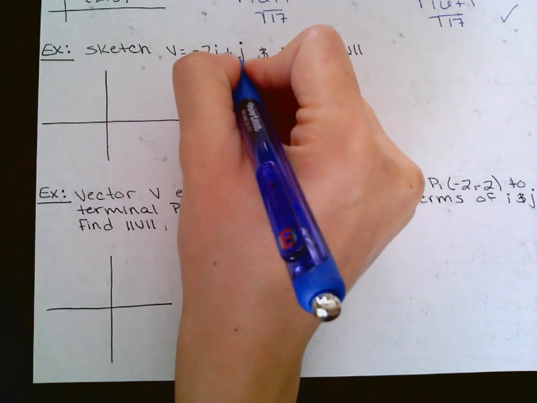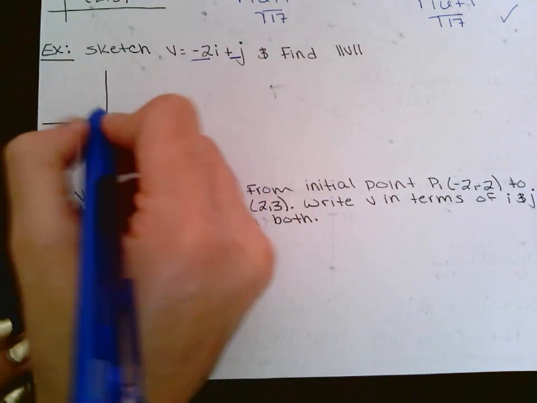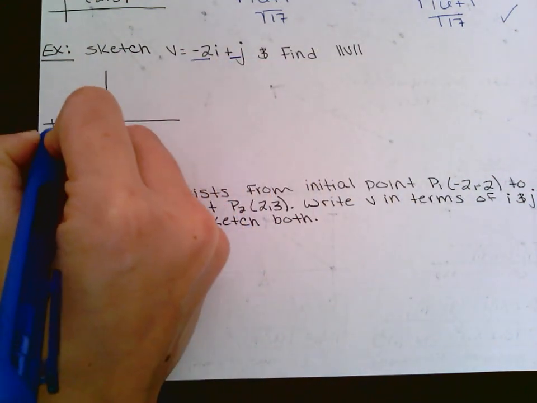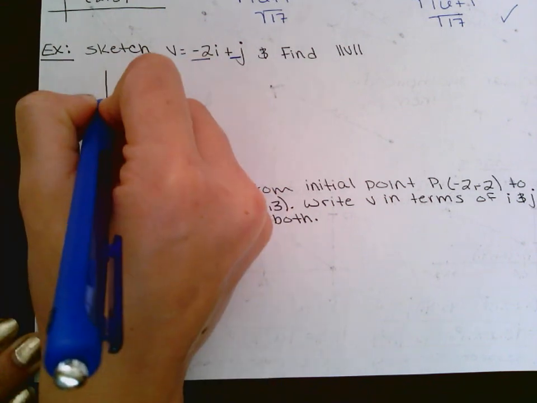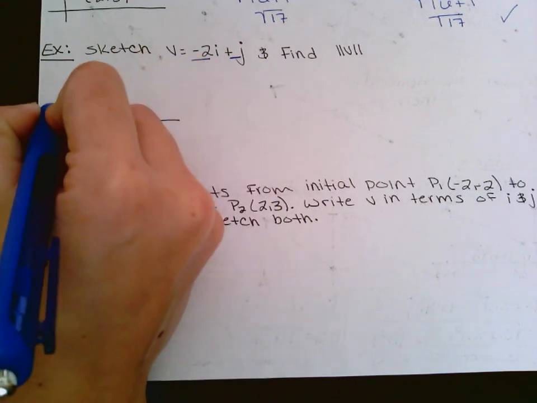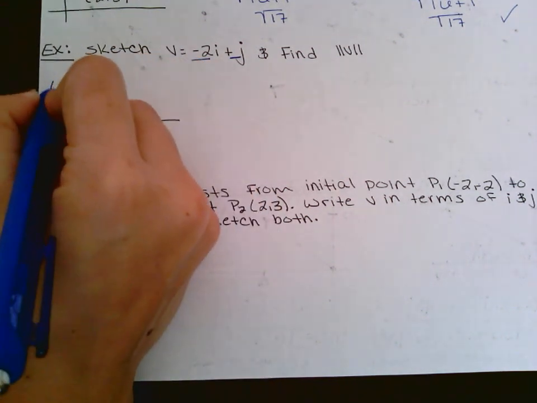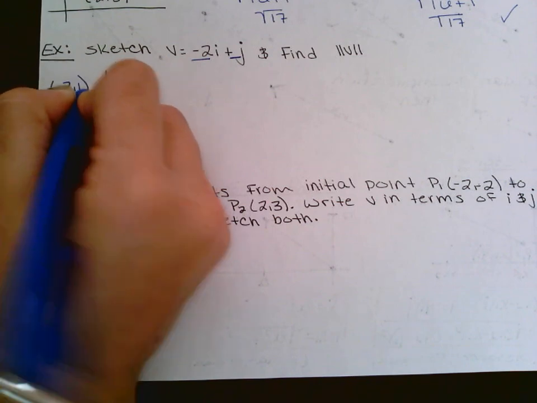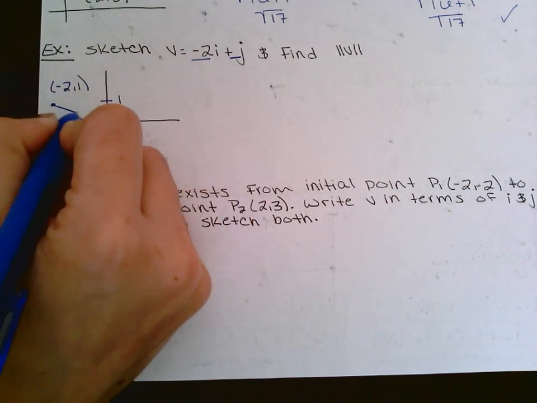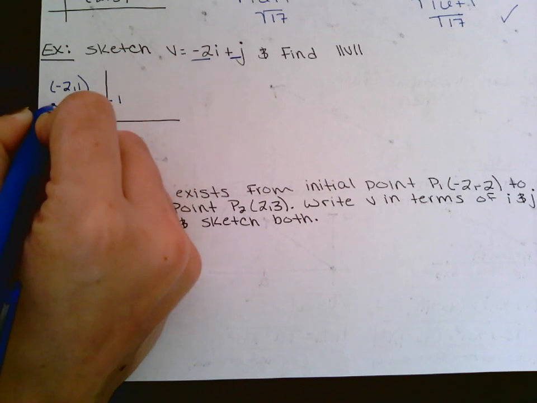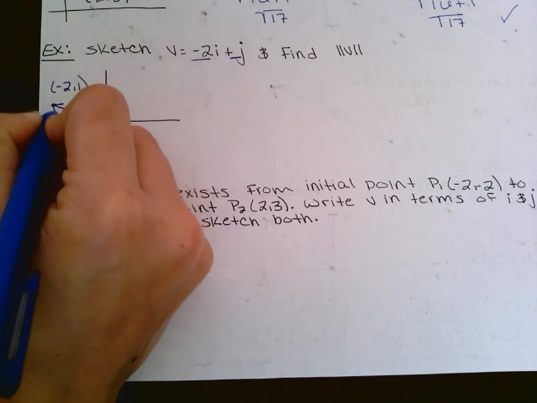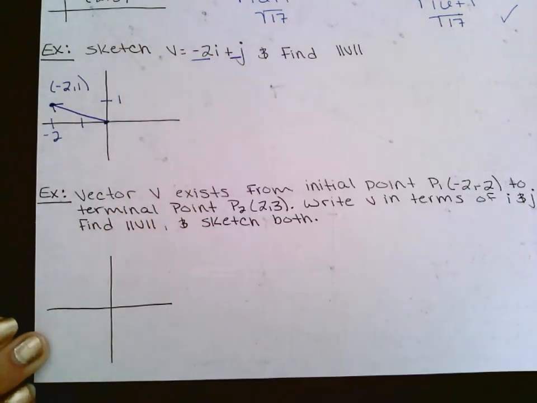And the number in front of the j is just a 1. So I'm going to plot that as negative 2 on the x, comma, 1 on the y. Then I'm going to connect that to the origin and make sure that my arrow goes towards that point.